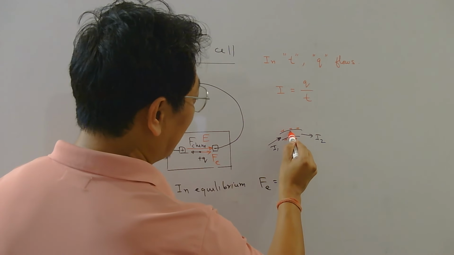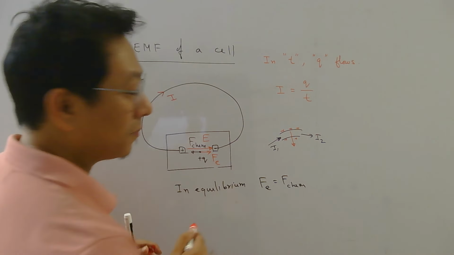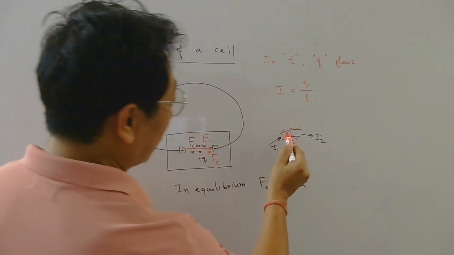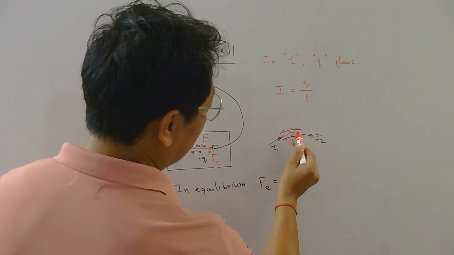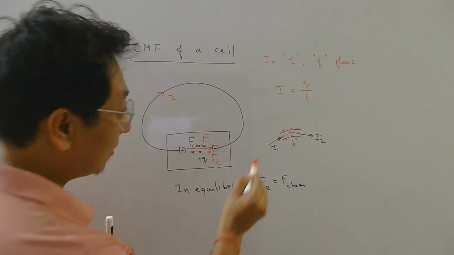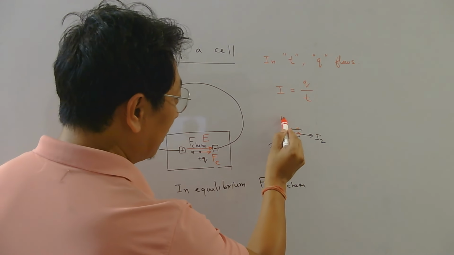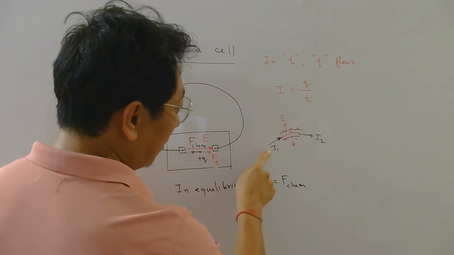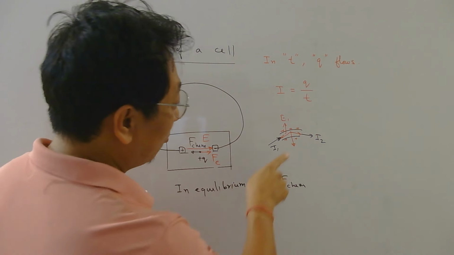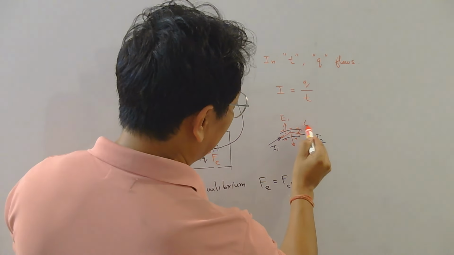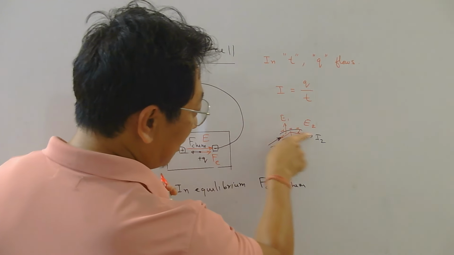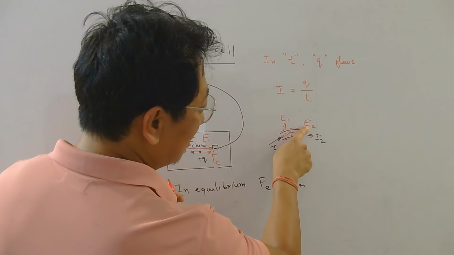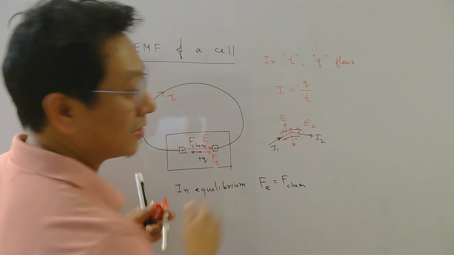So that will create an electric field this way, which will have components this way and this way, isn't it? That electric field component is against this current, so this electric field will decrease this current, whereas this electric field is in the same direction of this current, so this electric field will increase this current.